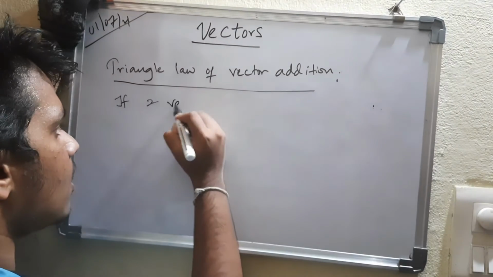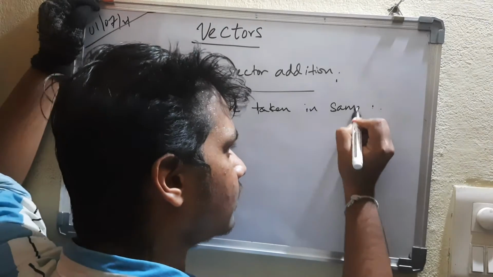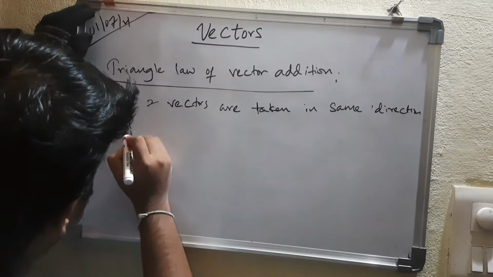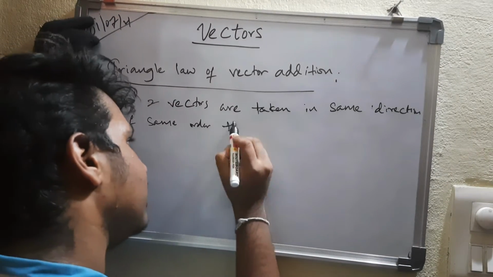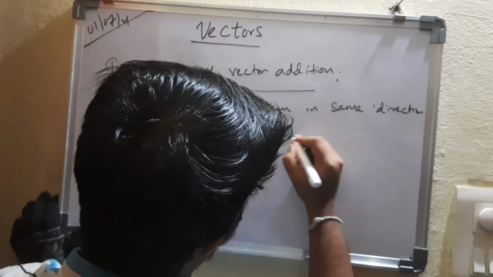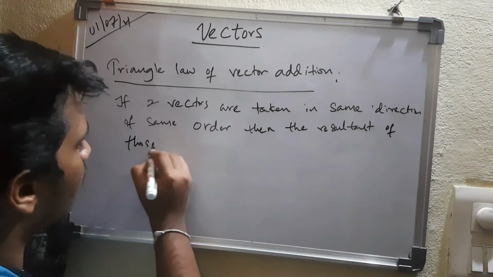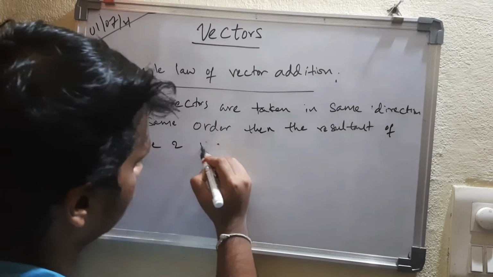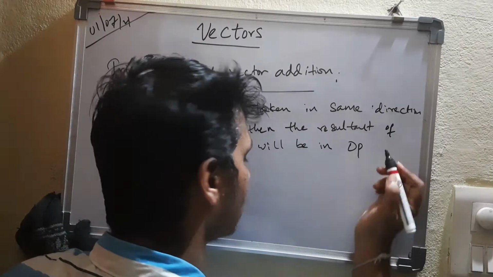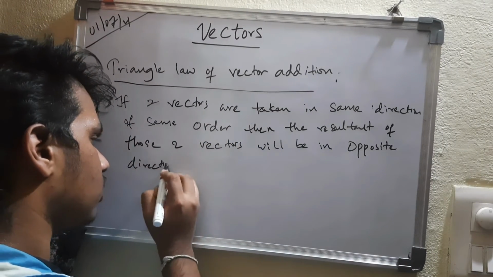If two vectors are taken in same direction and in same order, then the resultant of those two vectors will be in opposite direction and in opposite order.